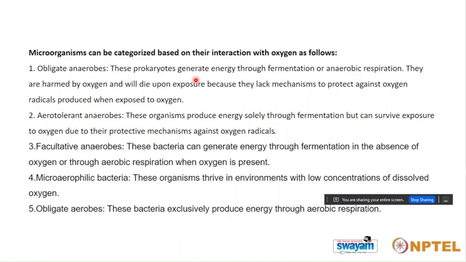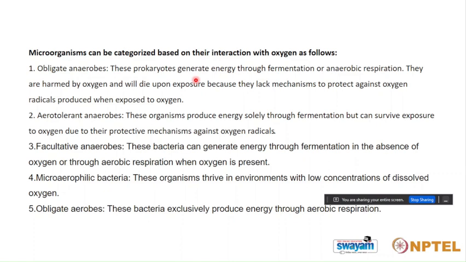The second category of organisms are aerotolerant anaerobes. These organisms usually survive in an anaerobic environment, but they can tolerate oxygen. They have certain protective mechanisms to prevent damage from oxygen radicals.